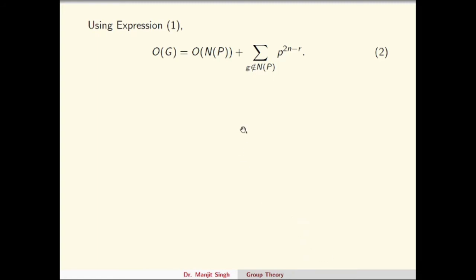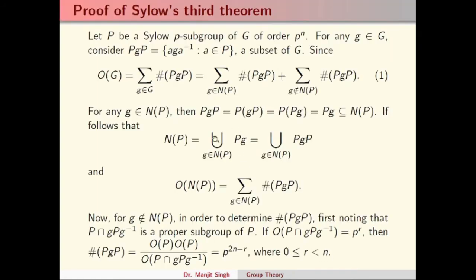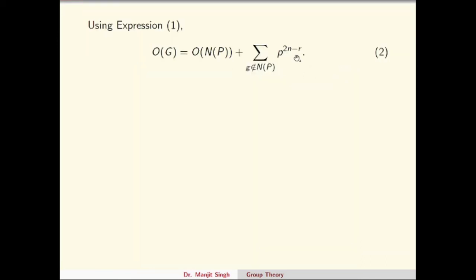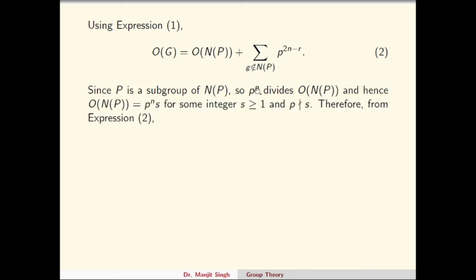Now from this expression, the order of G here, and this is the order of N_P, and this is P^(2n−r). So from expression 1 we obtained this. Since P is a subgroup of N_P, P divides the order of N_P, but P^n is the largest power that divides the order of G, and N_P is a subgroup of G also.